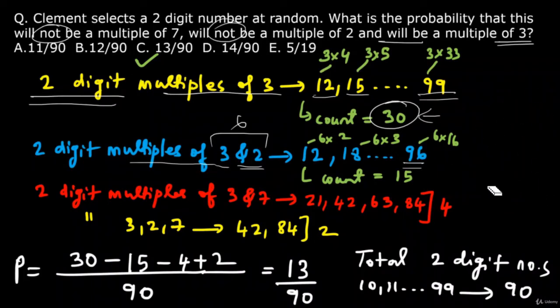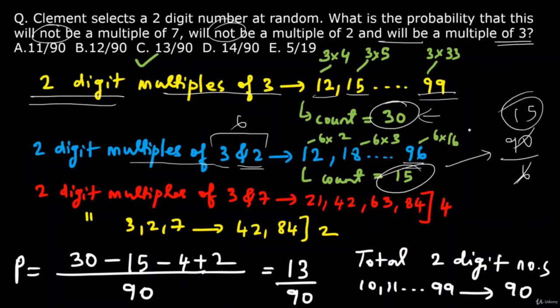Alright, so over here you can see that 12 is 6 into 2, 18 is 6 into 3, up to 96, which is 6 into 16. So that's a total of 15 numbers which are multiples of 6 and 2-digit numbers. Another way to arrive at this 15 is if you take 90 divided by 6. 90 divided by 6 also gives you 15, because there are 90 2-digit numbers.